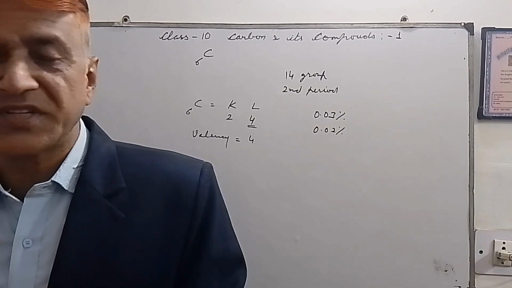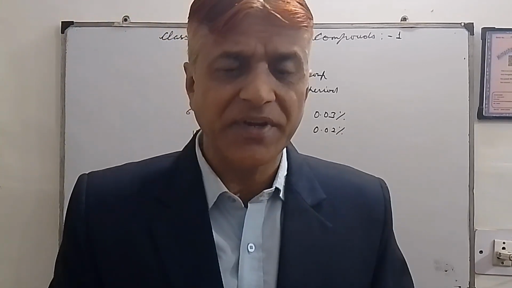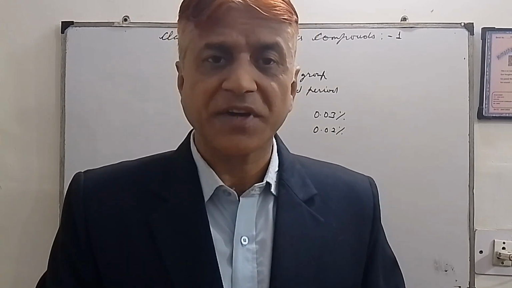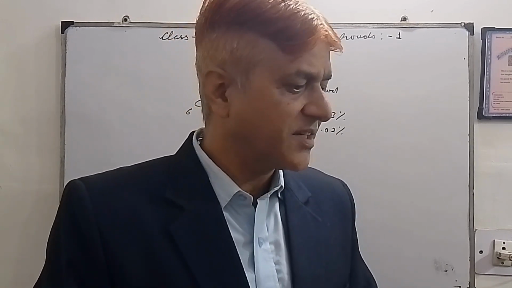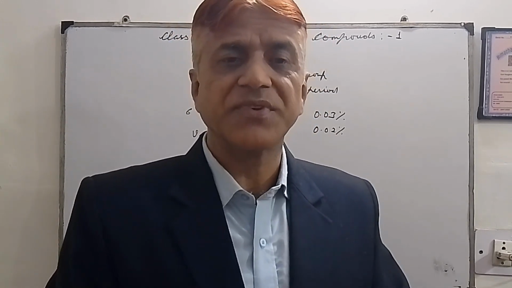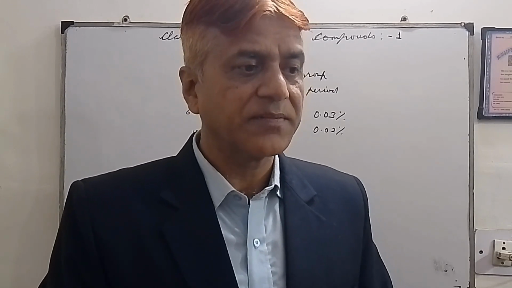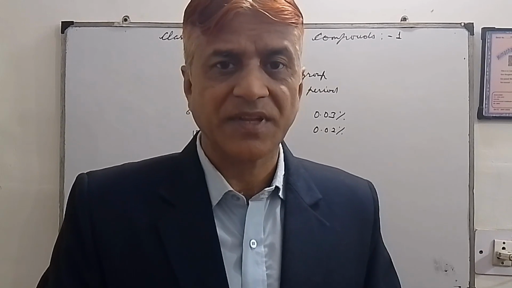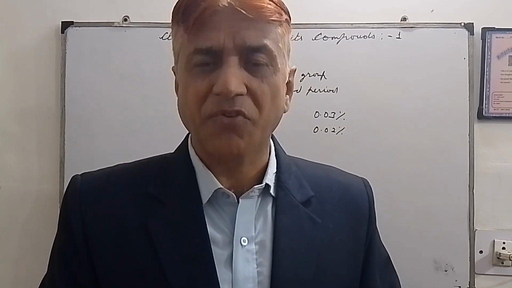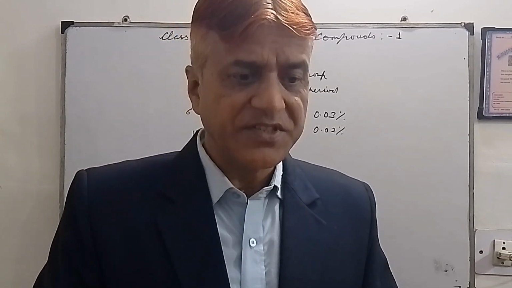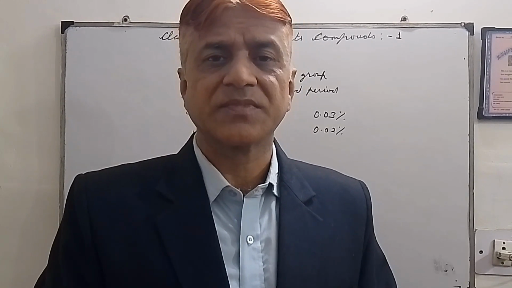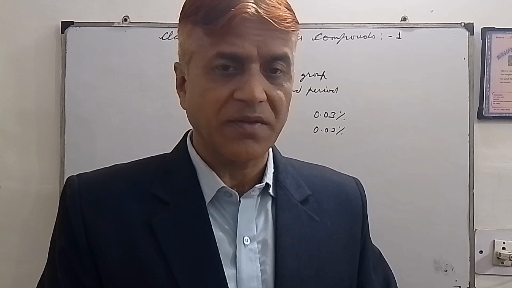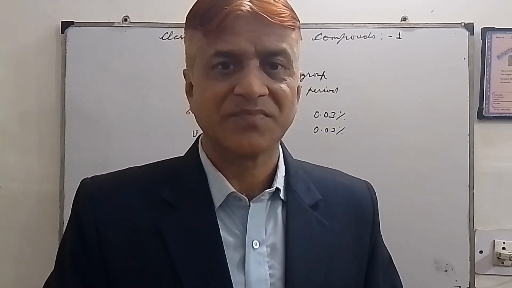And my dear students, a large number of things which we use in our day-to-day life are made up of carbon compounds. For example, the food grains which we grow, like rice, wheat, maize, pulses, tea, coffee, vegetables, fruits, all are made up of carbon based compounds.